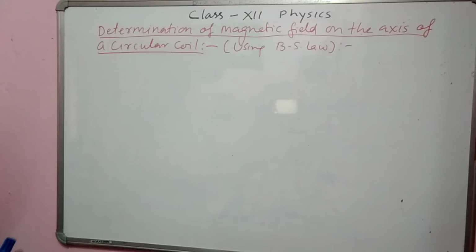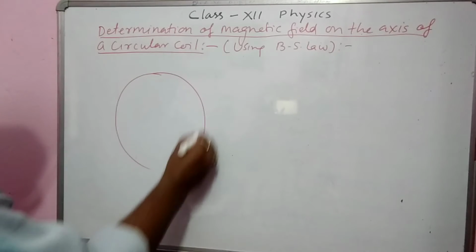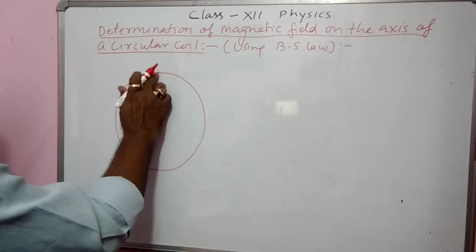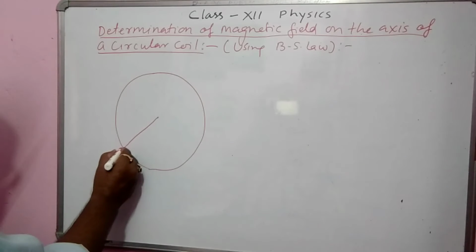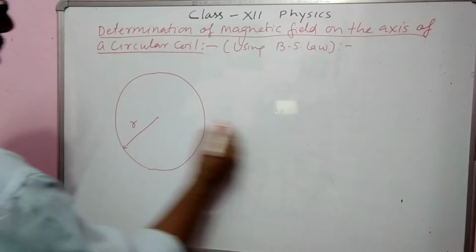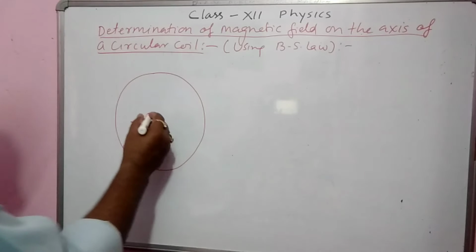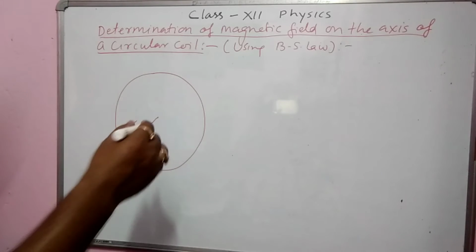Now I am going to determine the magnetic field on the axis of a circular coil using Biot-Savart's law. Let us consider a circular coil of radius R, and we have to determine the magnetic field intensity on its axis.